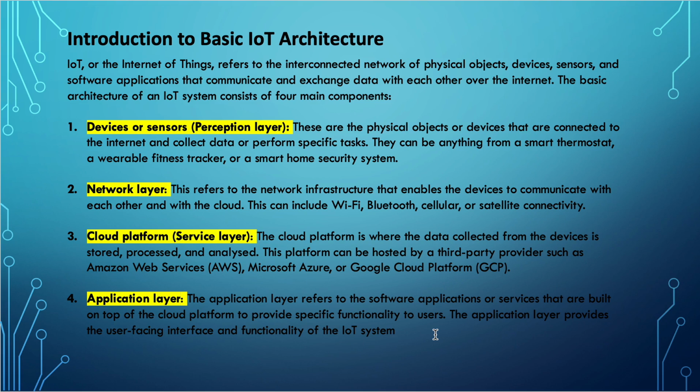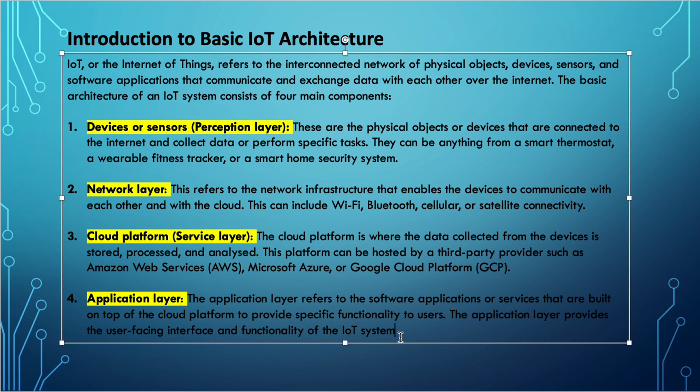The application layer provides the user facing interface and functionality of the IoT systems. So what we are looking at is, in general term, the service layer would be the back end of the internet. The application layer would be the front end of the internet, right?